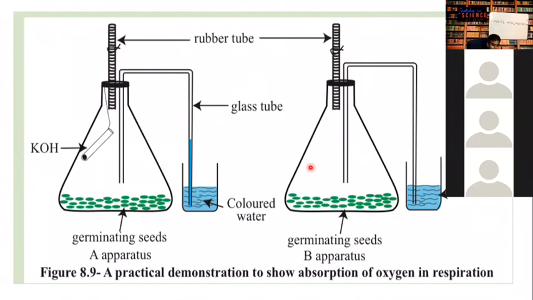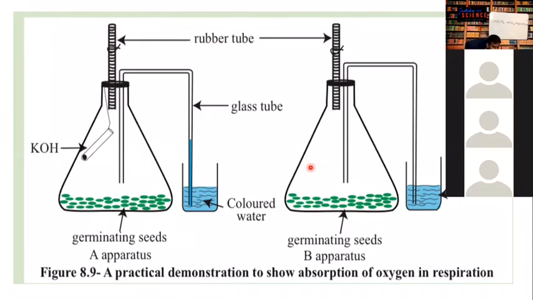We don't care about the volume of the carbon dioxide in the flask. So the first one, volume of the carbon dioxide in the flask is negligible, and in respiration, the absorbed volume of oxygen is equal to the released volume of carbon dioxide.